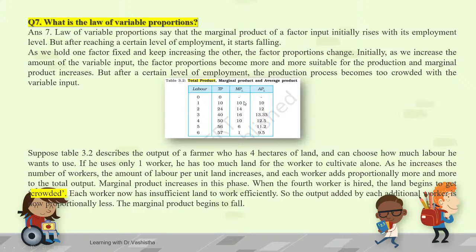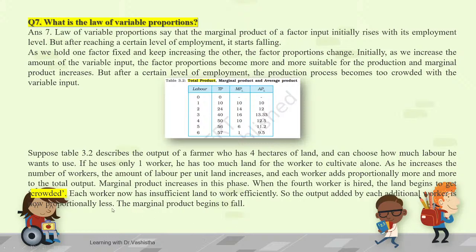If you see in this table, till 3 units the marginal productivity is increasing from 10 to 14 to 16, and then further it starts falling. For example, if we take a farmer who has 4 hectares of land, and capital is being kept at 4 units, as we remember, he can choose how much labor he wants to use. First he used only one worker, so there was too much land for the worker to cultivate alone.